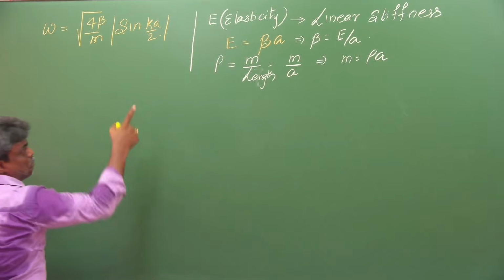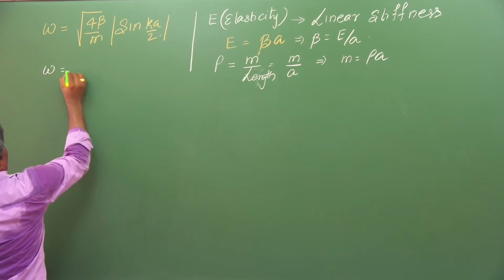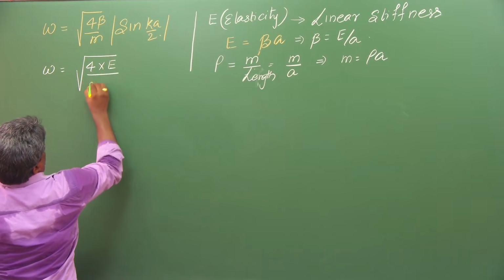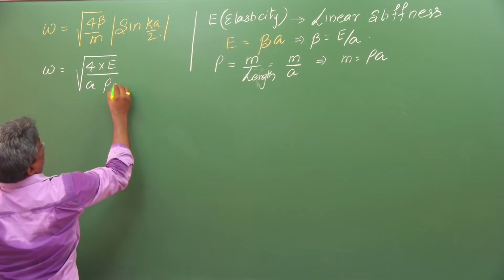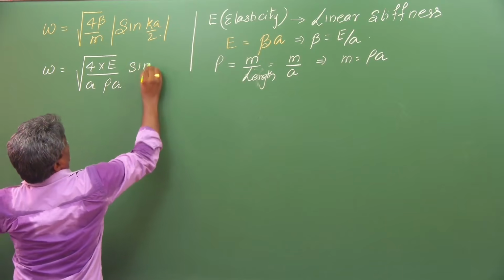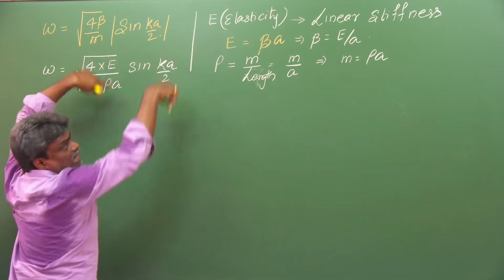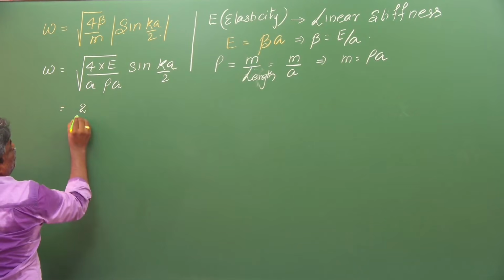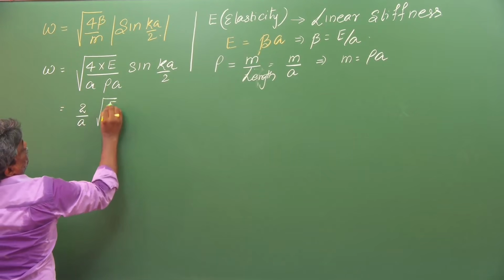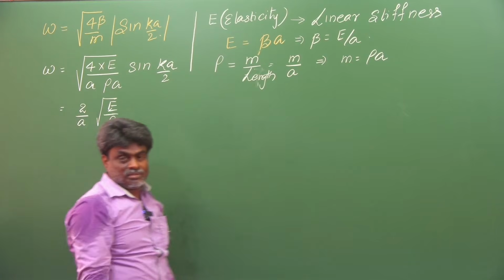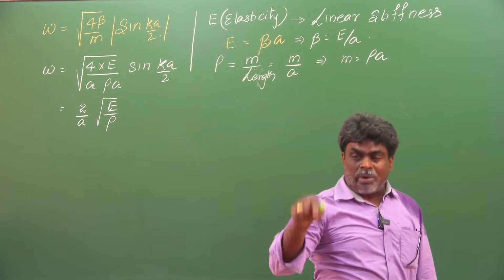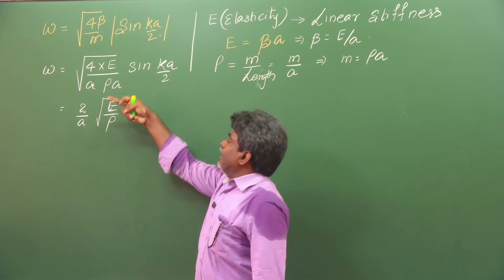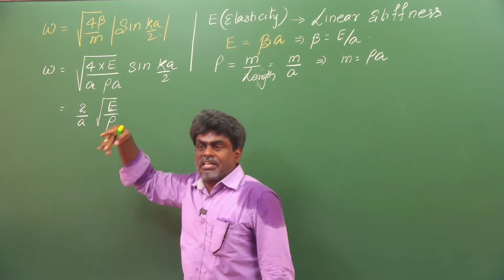Now by using those quantities, omega equal to under root 4 beta by m, sine ka by 2. Substituting m equal to rho a and beta equal to E by a, this is 2 by a under root E by rho. This is what I said earlier: under root modulus by density is always the velocity of sound, whether Young's modulus, rigidity modulus or bulk modulus.